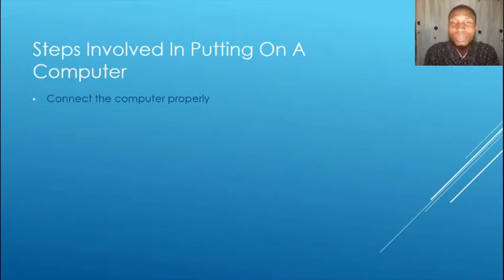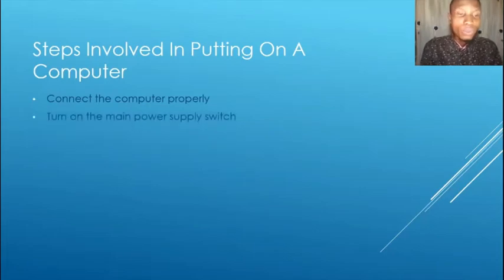The monitor is properly connected, the keyboard is connected, the mouse is connected, and every other device, either output or input device that you need to work with on the system is properly connected. Then the next thing you're going to do is to turn on the main power supply switch. That means on the wall you turn on the power supply switch.